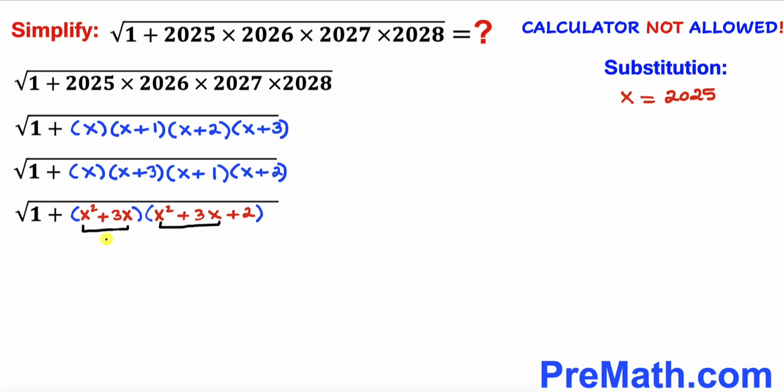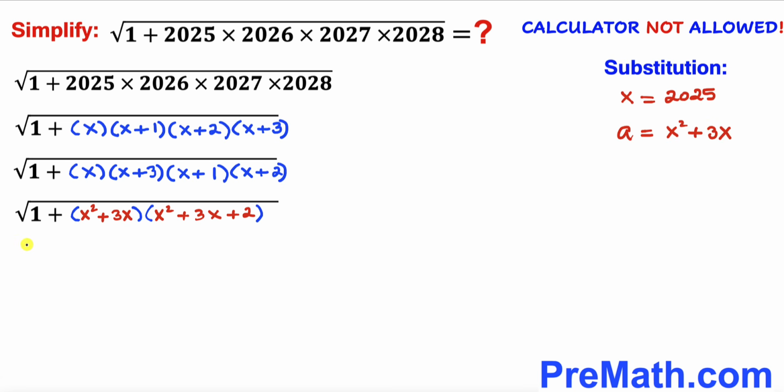I'm going to label this x squared plus 3x as lowercase a, then this x squared plus 3x is going to be lowercase a as well. So I can write lowercase a equals x squared plus 3 times x.